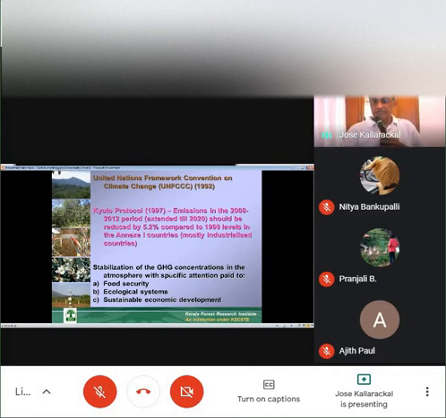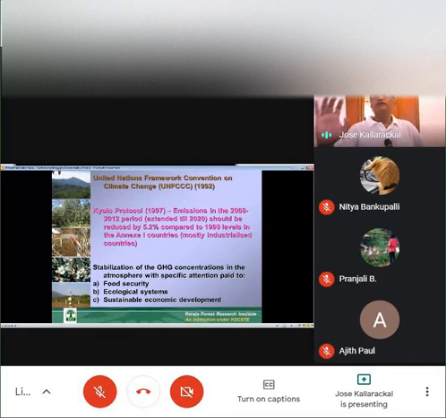Now, what is the purpose finally? Stabilization of GHG, greenhouse gas concentrations in the atmosphere, with specific attention paid to food security. So there are some riders for it. We have to pay attention to food security. It should not disturb the food security of entering into this agreement.